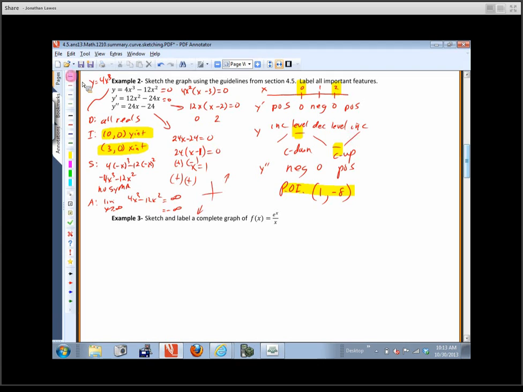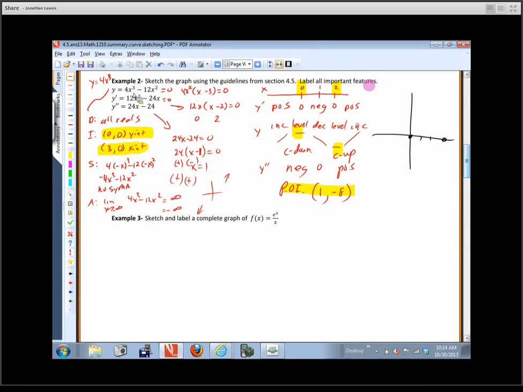So let's draw this graph. Let's see, I've got the point 0, 0, and 1, 2, 3, 0. I've got a minimum at 2 comma something. Let's plug in a 2.